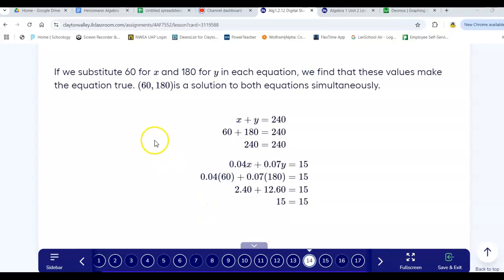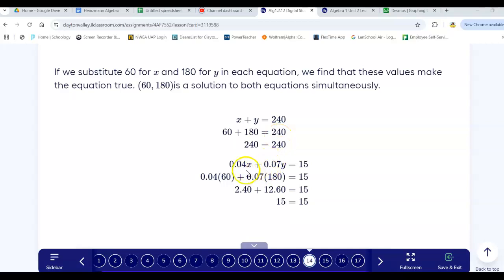You substitute 60 for X and 180 for Y in both equations. You have to do it in both. Do you see? Here's your X plus Y equals 240. 60 plus 180. It does equal 240. That's true.